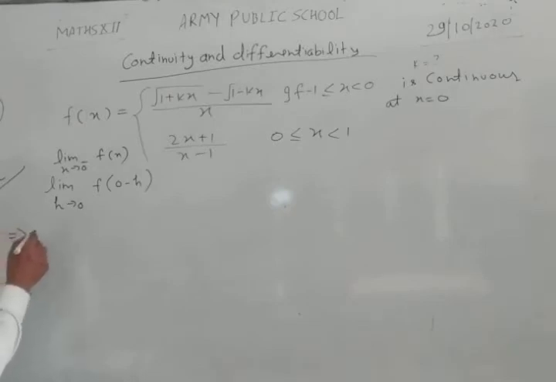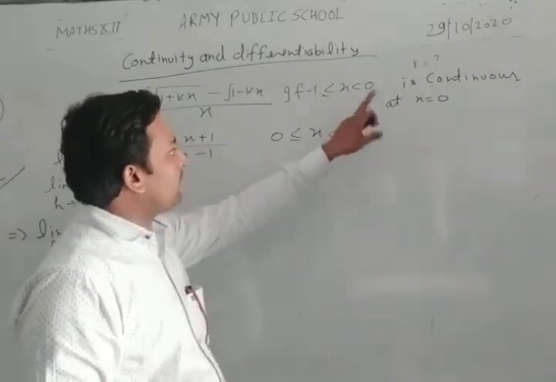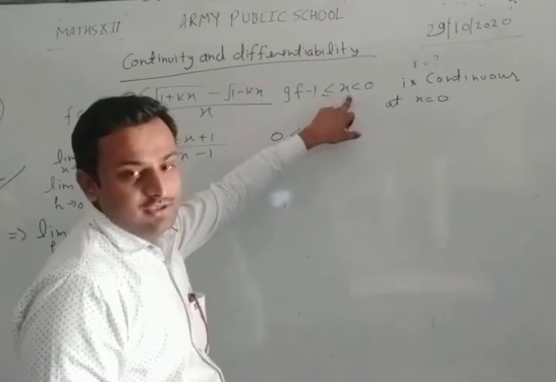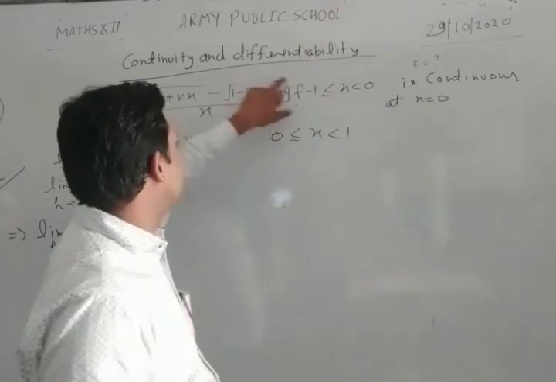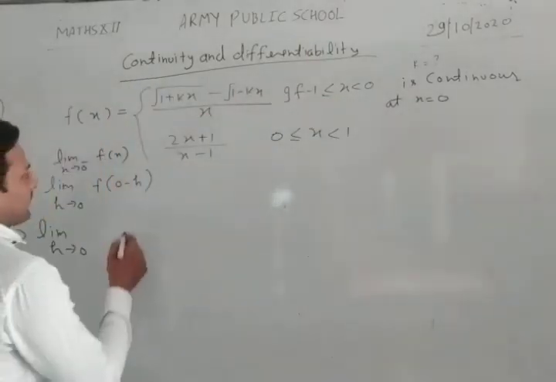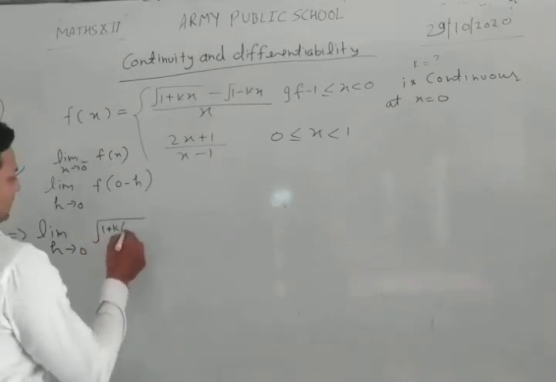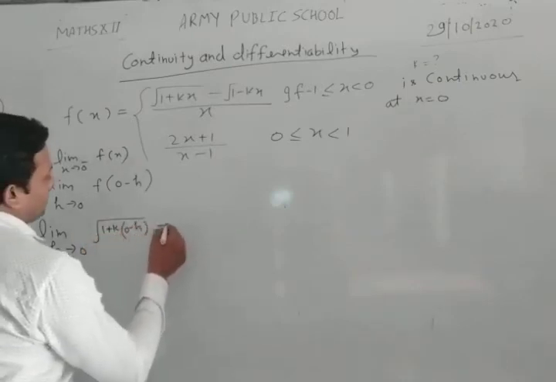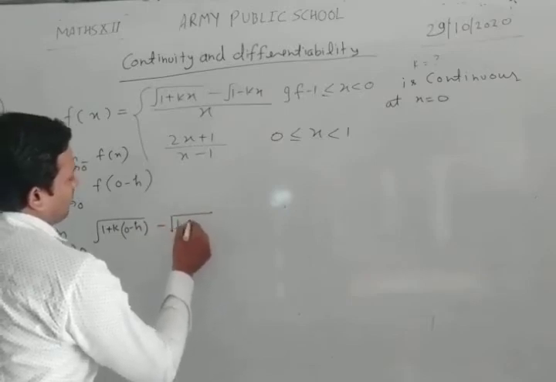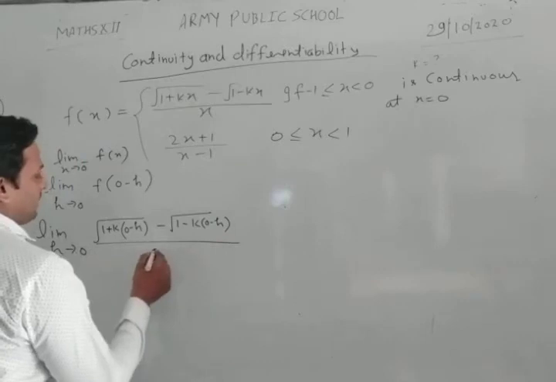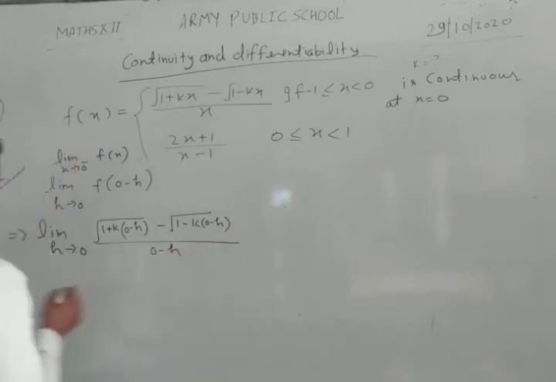Here x is less than 0, so the function is this. We write under root 1 plus k(0 minus h) minus under root 1 minus k(0 minus h), divided by 0 minus h.